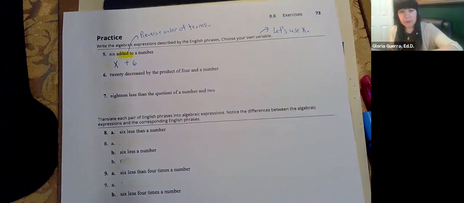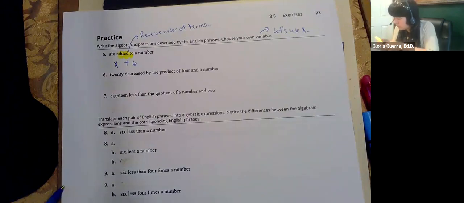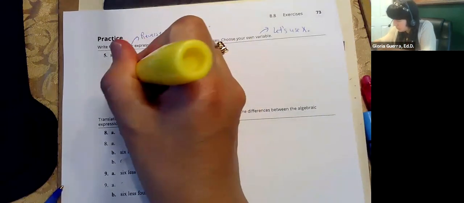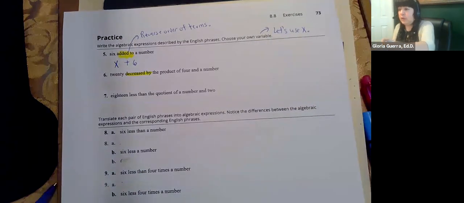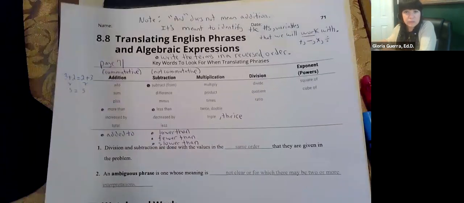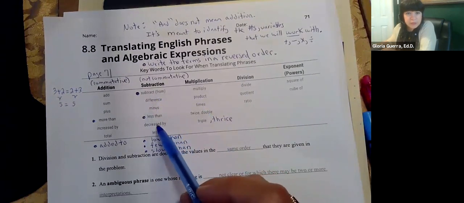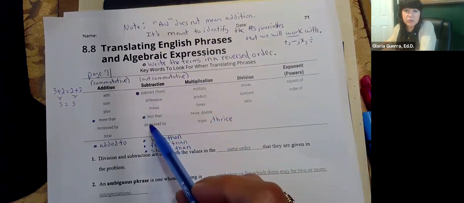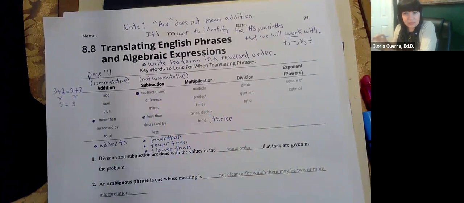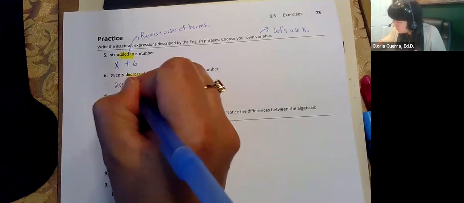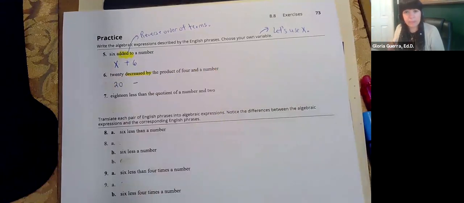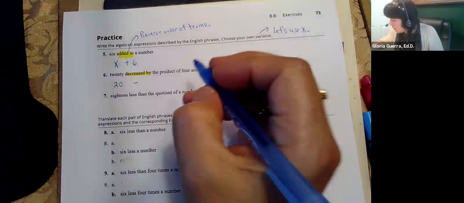Number 6, it says 20 decreased by, so we'll start with that. Under subtraction, decrease by is right here. And it's not a bulleted item. So if it's not bulleted, you just write the terms as they appear. You would start with 20 decreased by. And then what are we decreasing by?